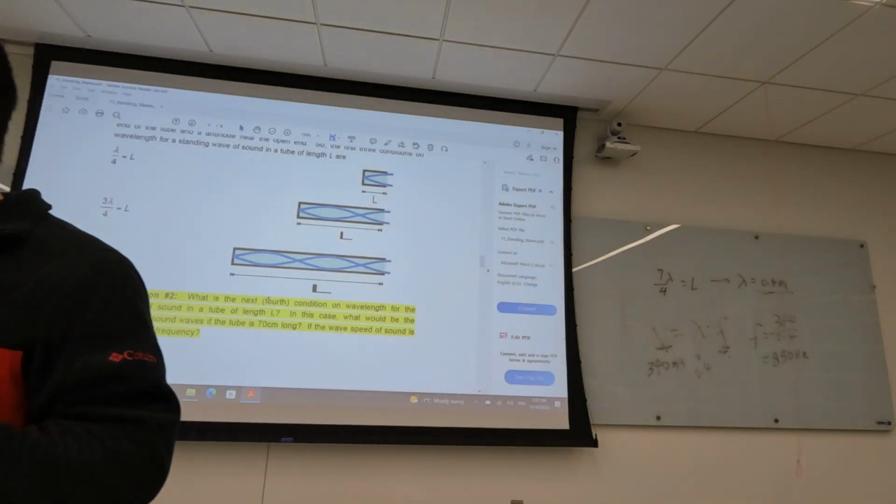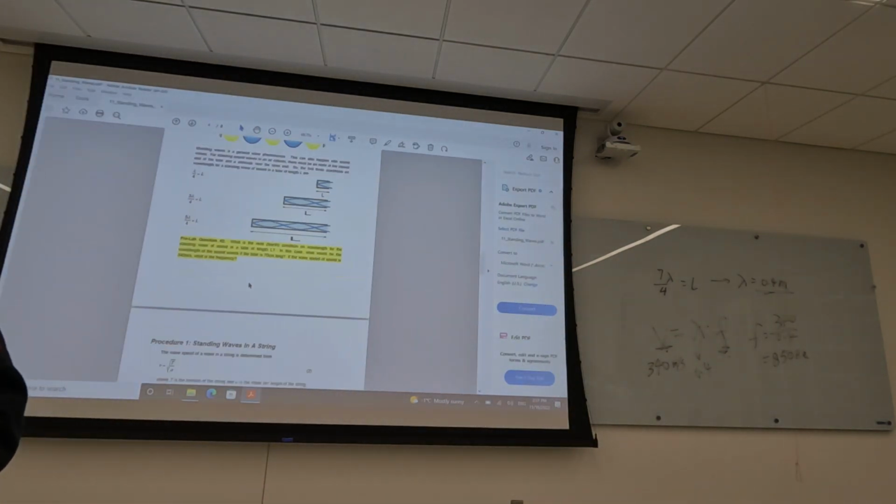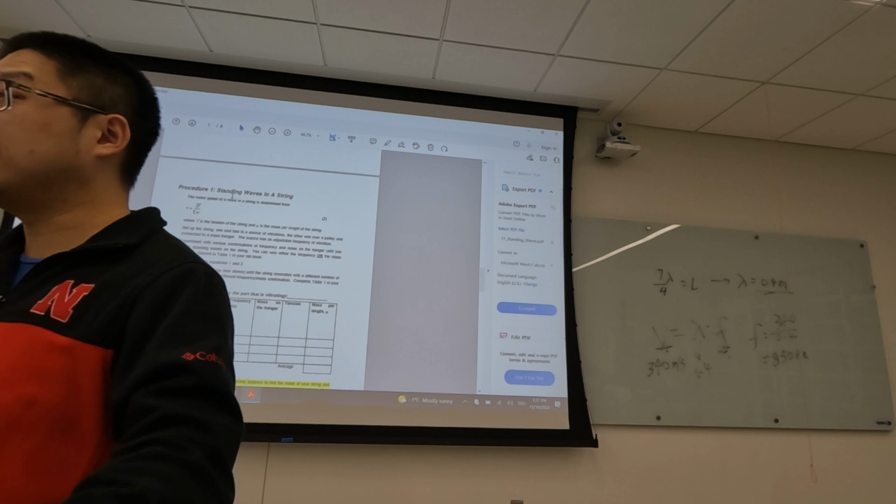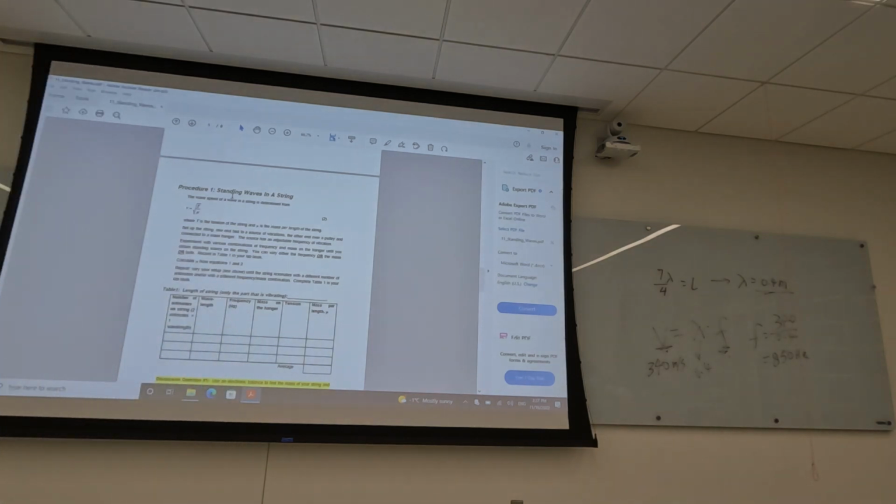So let's take a look at the procedures. We have two procedures today. The first procedure is the standing wave of a string. Here, this is the string, and we add a mass here. We can try different masses.